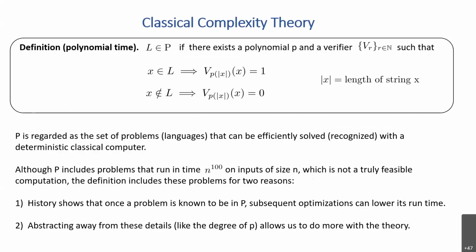Okay, so now we're ready to actually define the class P of problems that we can solve in polynomial time. So what P really is, is a set of languages. And a language is in P if there exists some polynomial, lowercase p, and some verifier family, such that if X is in the language, then a verifier with circuit size that is polynomial in the length of the string X will output 1, right?